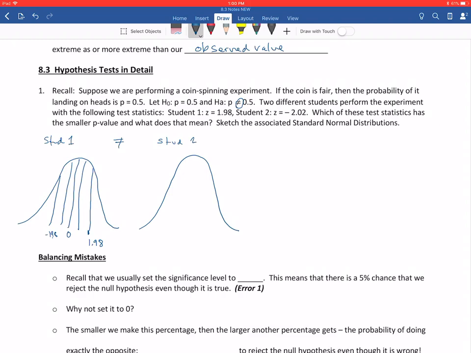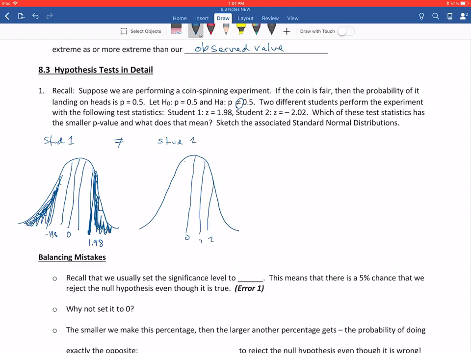So this one back here as well. And again, what the z-value does is it says that the probability is the area that is beyond that value. So what's back here in the tails. So that's what student 1's looks like.